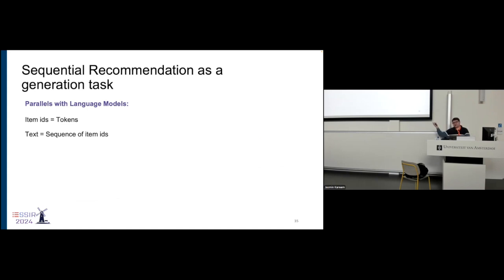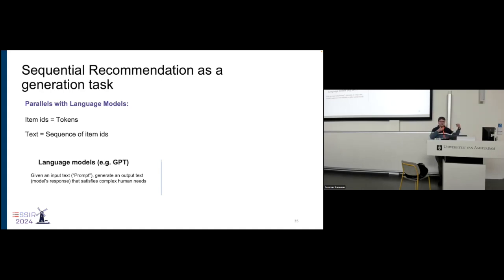This is actually my own work with my supervisor, and the question we asked ourselves was: why not? Why can't we generate recommendations autoregressively? I'm again re-emphasizing the parallels between language modeling and sequential recommendation.